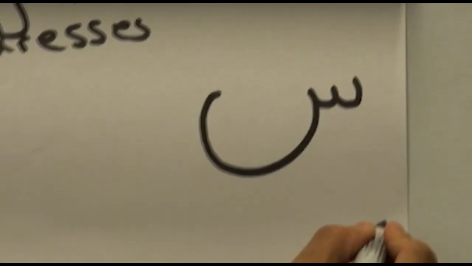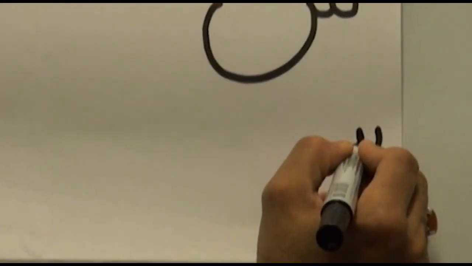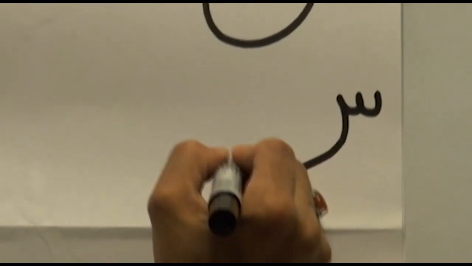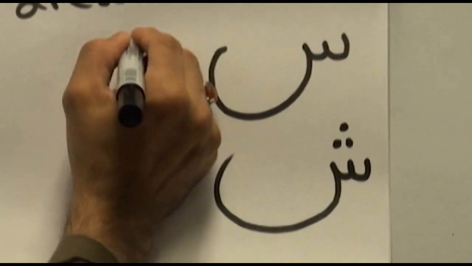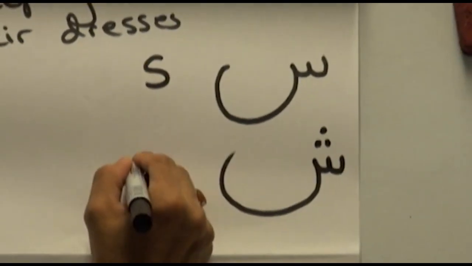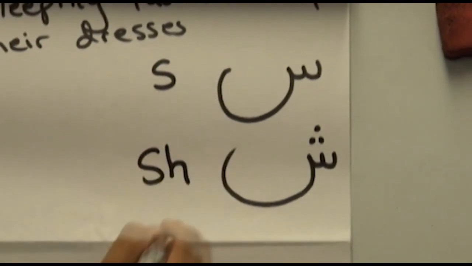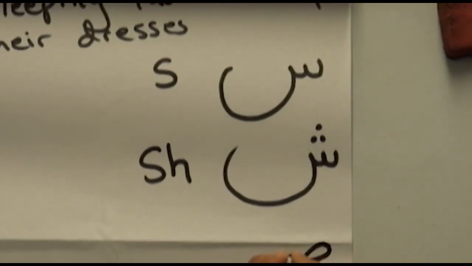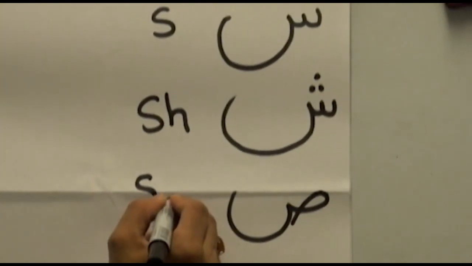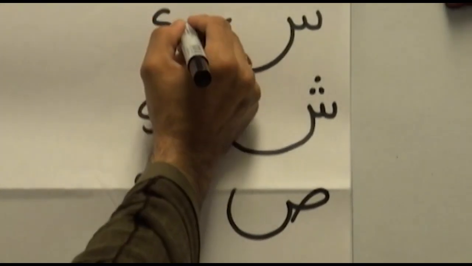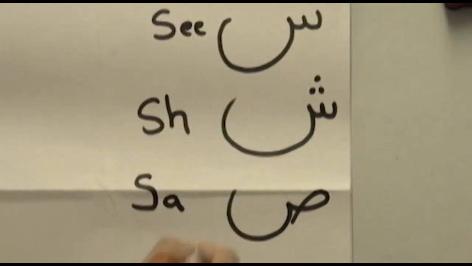So we have 4 types of sleeping ladies. We have seen. We have sheen. Seen is like S, sa. Sheen is like sh, sha. Then we have sod. It's like S and A, and this is like S-E-E.